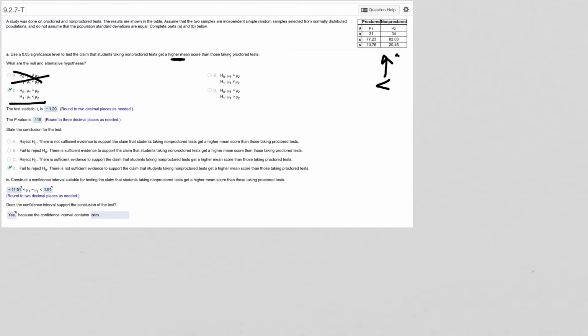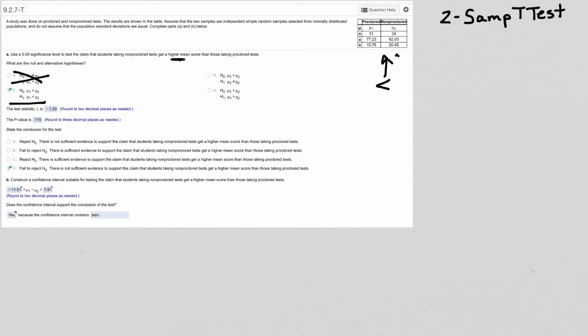So now I can actually go and do the hypothesis test in the calculator. Because we have independent samples, we're going to do a two-sample t-test because we don't know sigma.